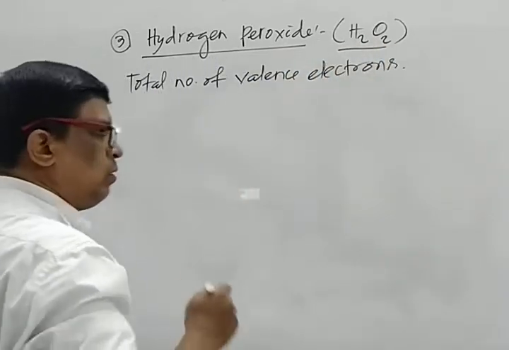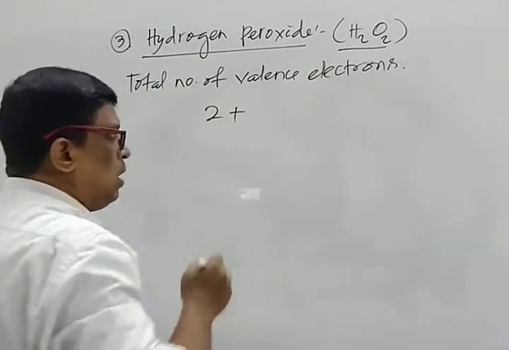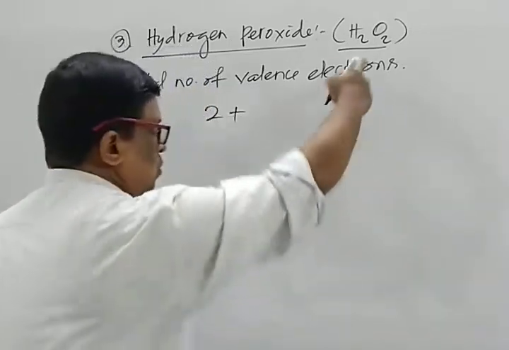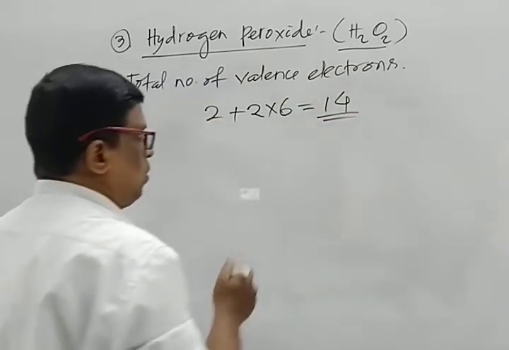Hydrogen atomic number is 1, valence electron is 1, and 2 hydrogens are there, so 2, plus oxygen, atomic number 8, is 2, 6, valence electron is 6. So 2 into 6. Total is 14 electrons, or 7 pairs.